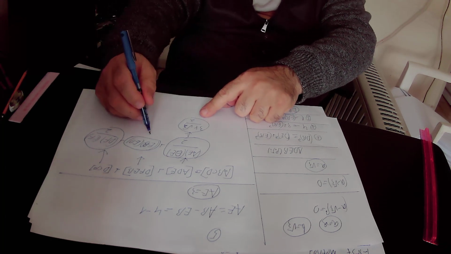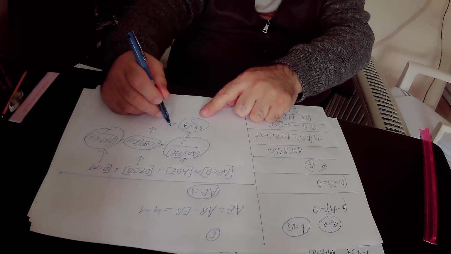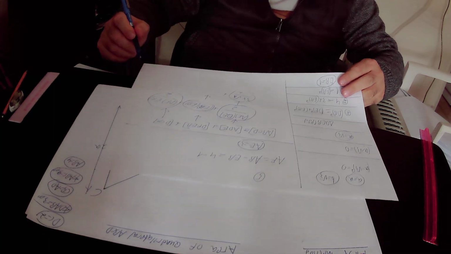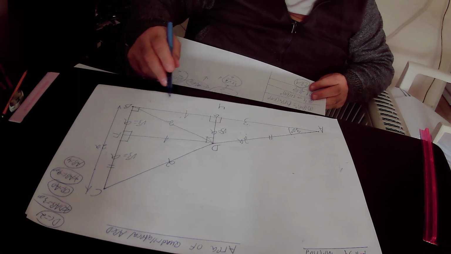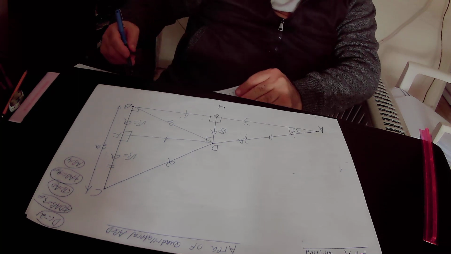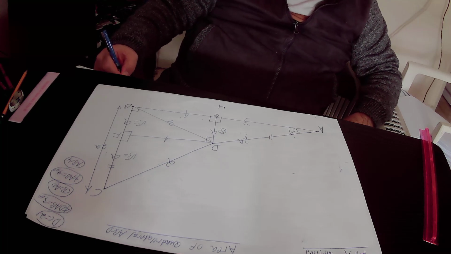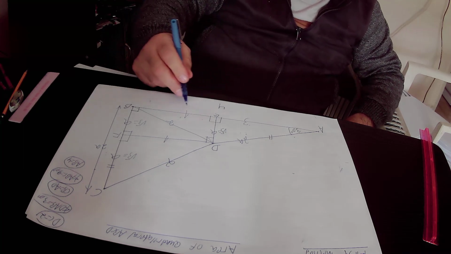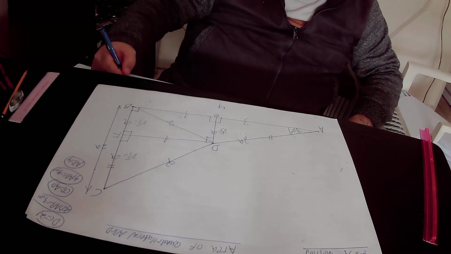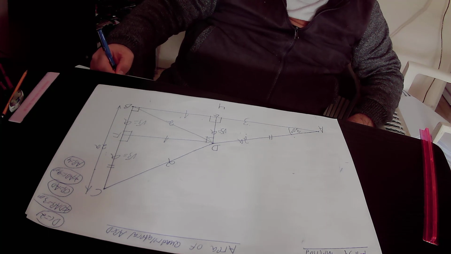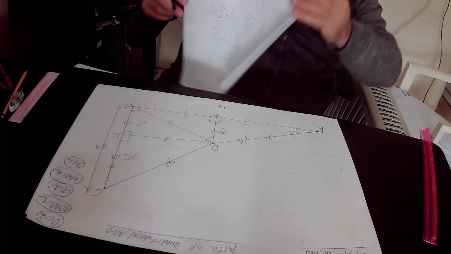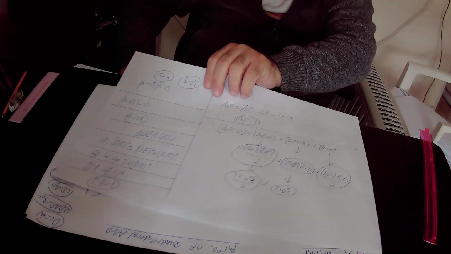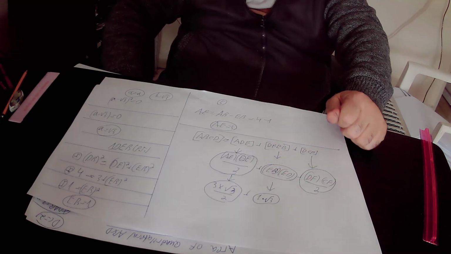And the area of rectangle DFEB, this rectangle, is EB, which is 1, times ED, which is the square root of 3. So we found out that the area of rectangle DFEB equals the square root of 3.